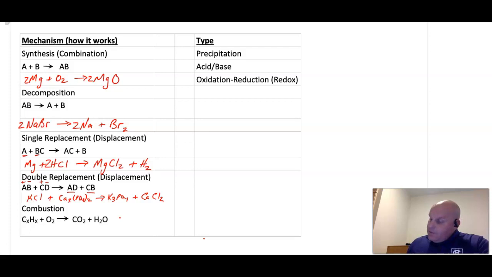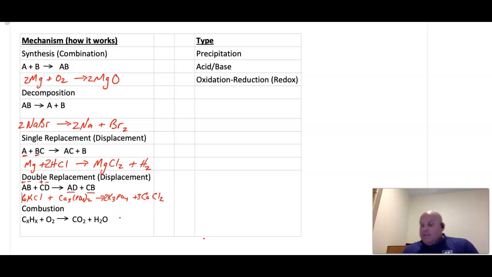And then of course, like always, I would need to make sure that this is balanced. Just like that.